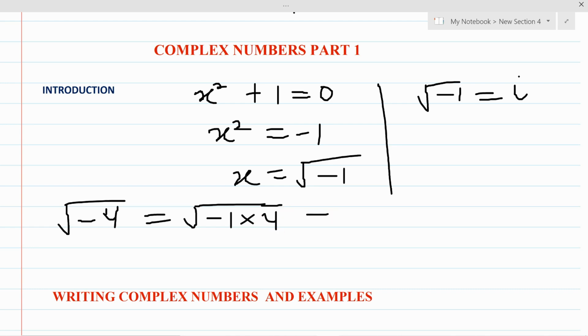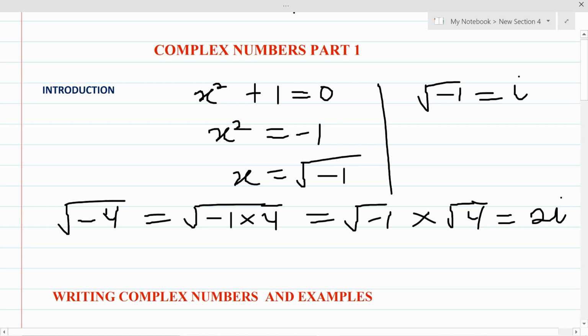So this is also equal to square root of -1 times square root of 4. And square root of 4 is 2. And square root of -1, we are saying in complex numbers, is i. So it becomes 2i. Whenever you see something like 2i, 3i, it means it was a square root of some negative number. I hope this is okay.